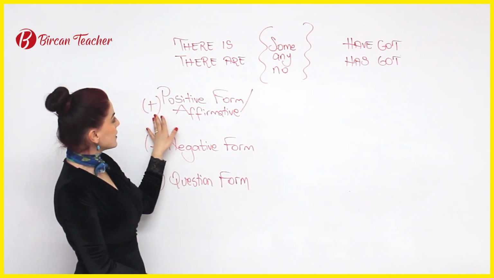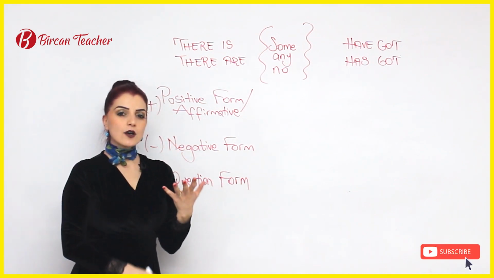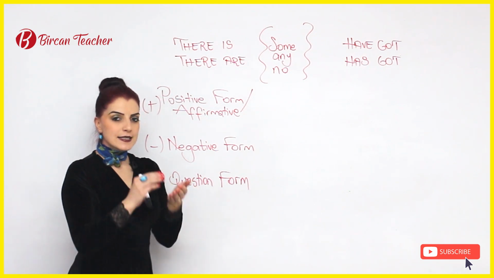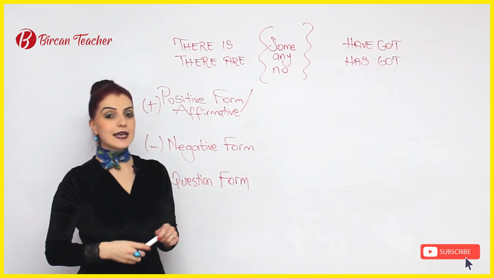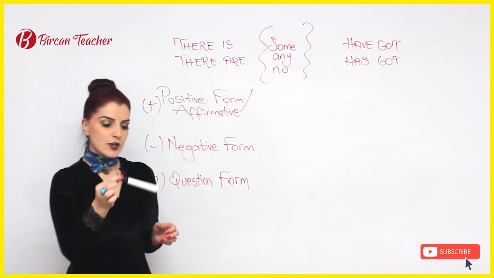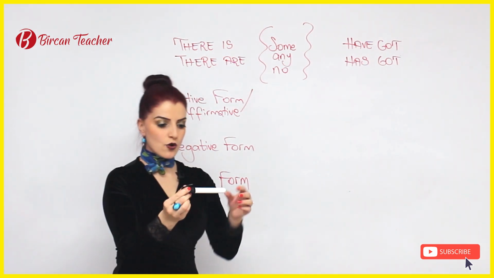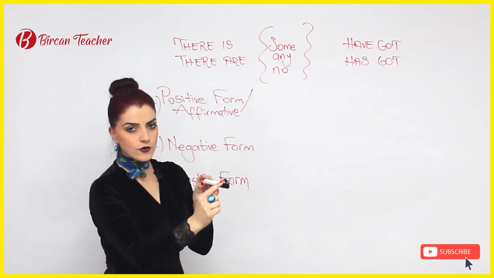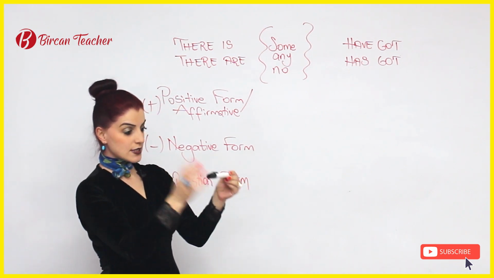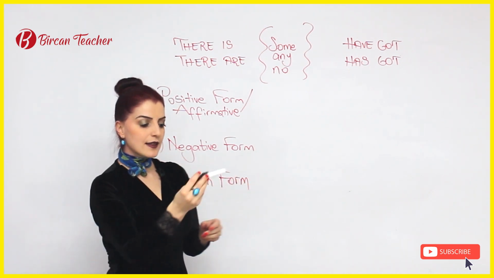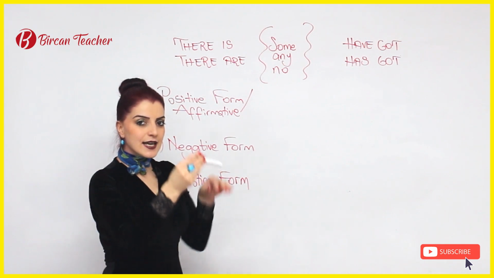So, in English, if we want to say something exists, exists means you see it. So, it is a board marker and you see it clearly. It exists here.